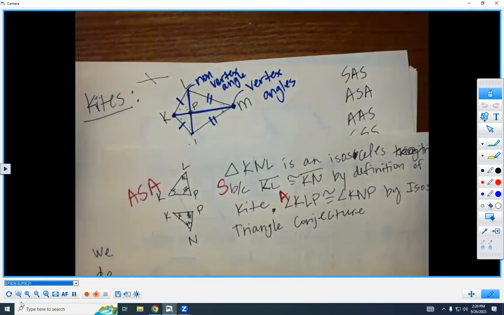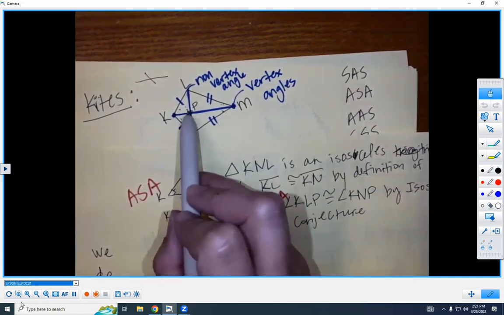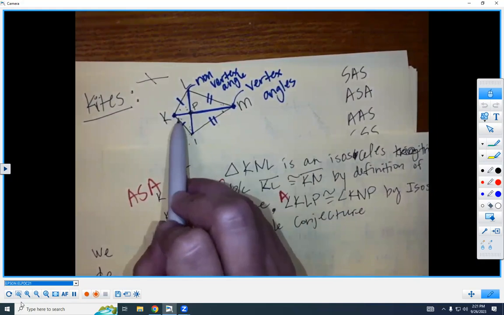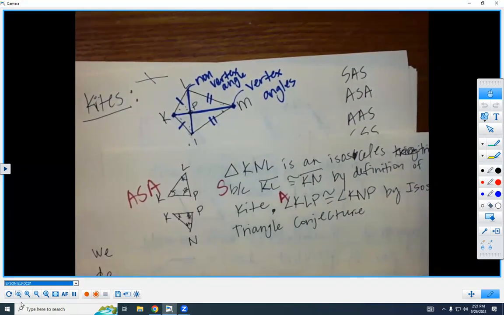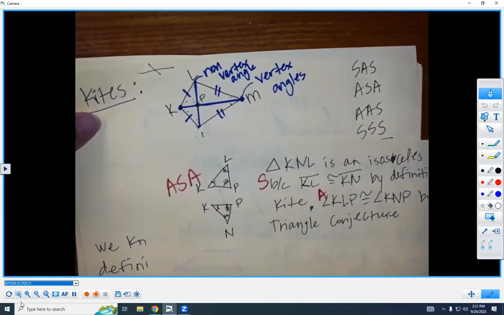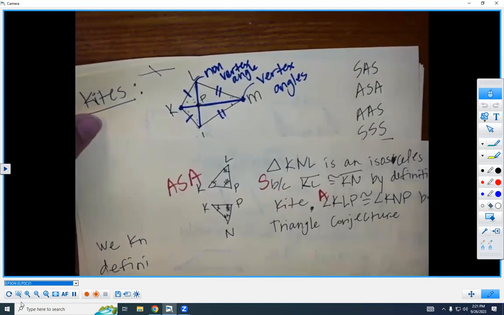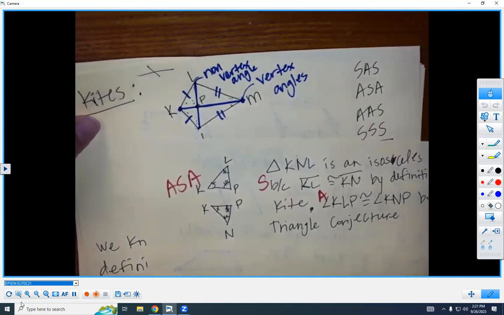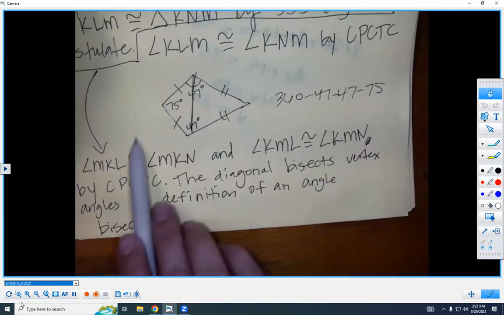I need a third angle. That's what I'm trying to prove. My goal is to show that those are congruent. So I have to use this other angle right here. Do I know that these are congruent? I do, because of the vertex angle, because the diagonal bisects.